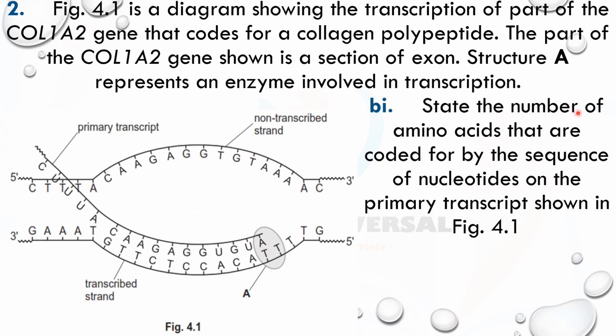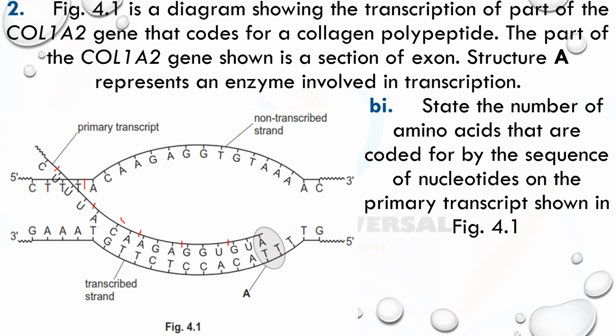State the number of amino acids that are coded for by the sequence of nucleotides on the primary transcript. So this is the primary transcript, right? Don't forget that 3 bases give rise to 1 amino acid. This is the first 3, which gives us 1 amino acid. This is the next 3, and the next 3, and the next 3, each giving 1 amino acid.